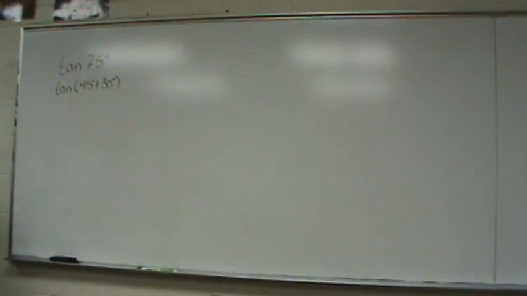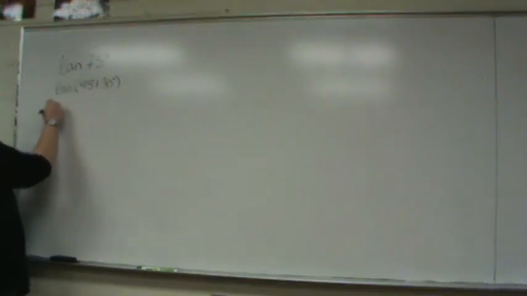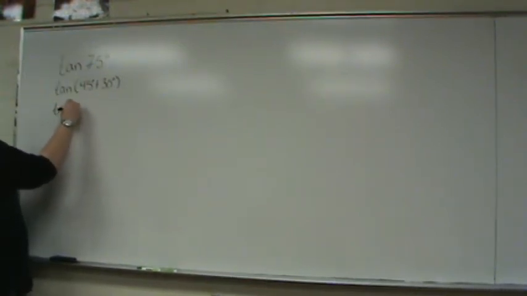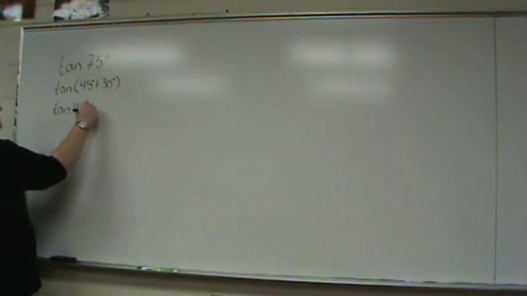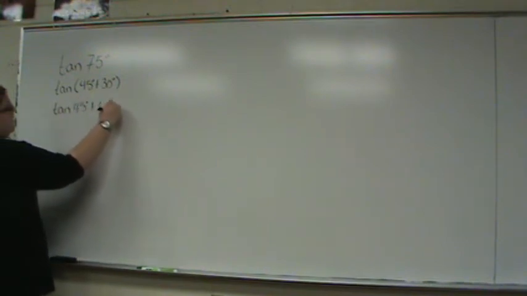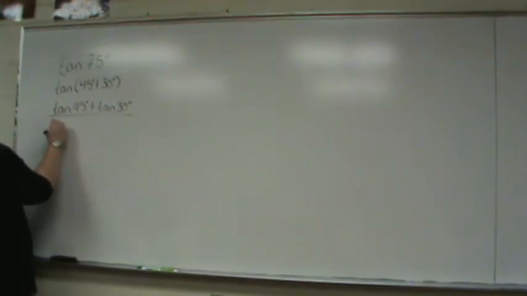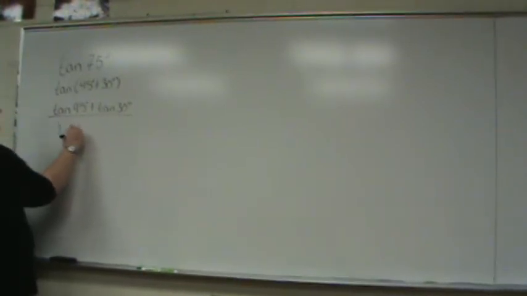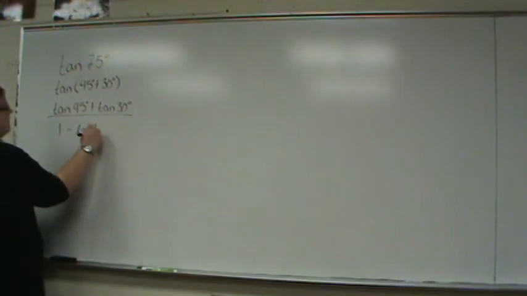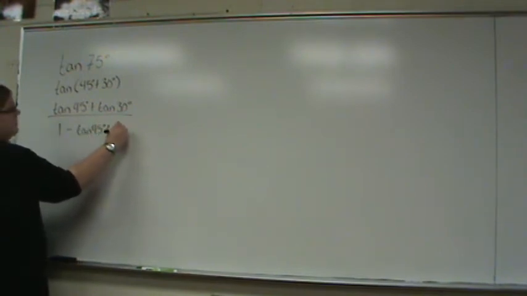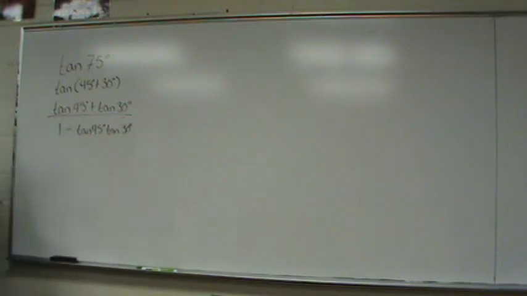So now we're going to use the identity for tangent addition. That says tangent of 45 degrees plus tangent of 30 degrees divided by 1 minus tangent of 45 degrees times tangent of 30 degrees.